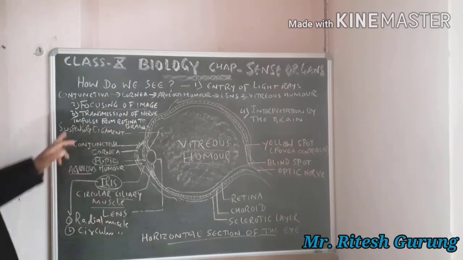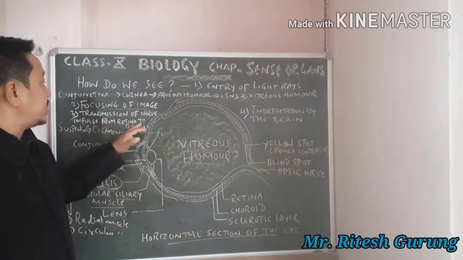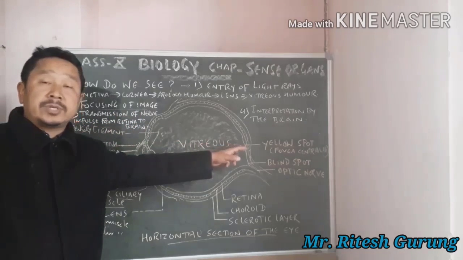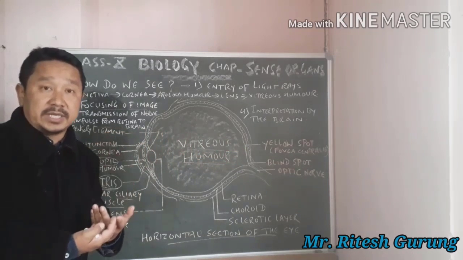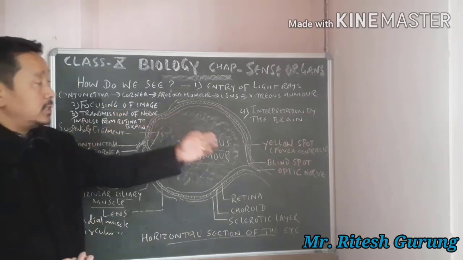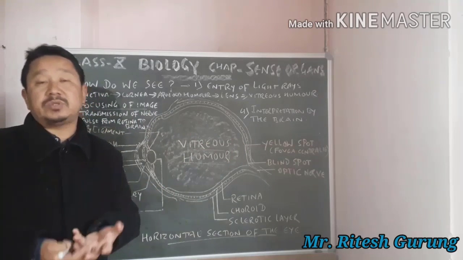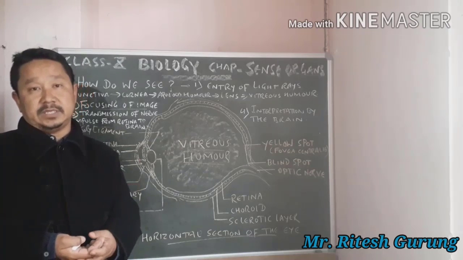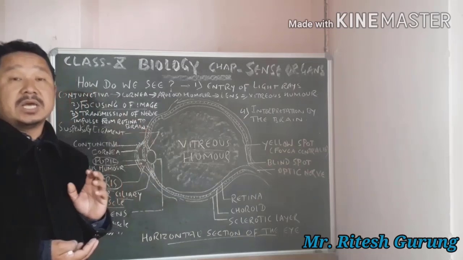Then the third one is transmission of nerve impulse from retina to brain. Here in the retina the image is already formed, but it is inverted. The retina, as you have already discussed, is formed of a number of sensory cells, rod cells and cone cells, which you discussed in the last session.